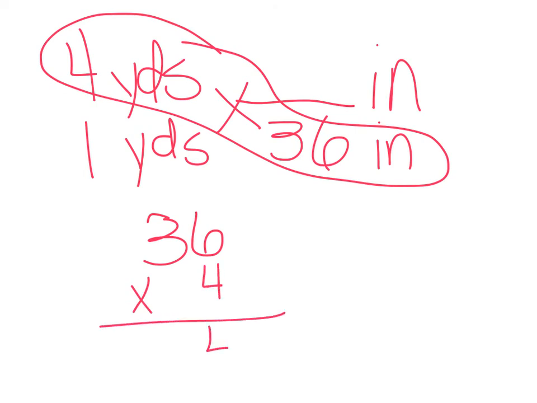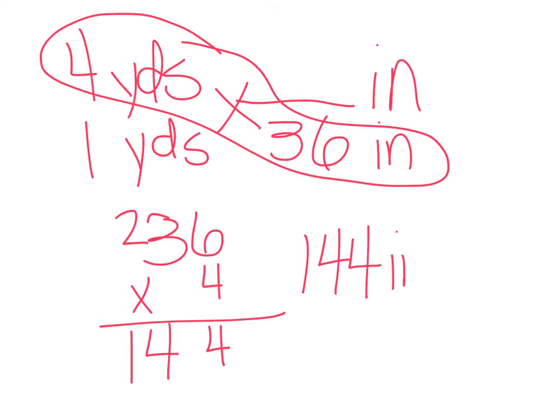So we're going to put down our 4, carry our 2. What's 4 times 3? 12. Plus 2 is? 14. Excellent. So I have 144 inches. Who got 144 inches? Excellent job.